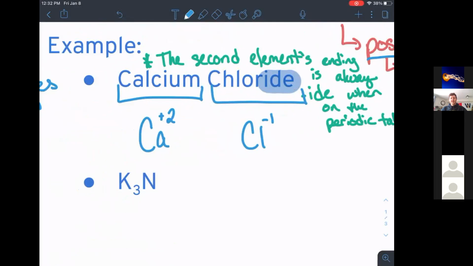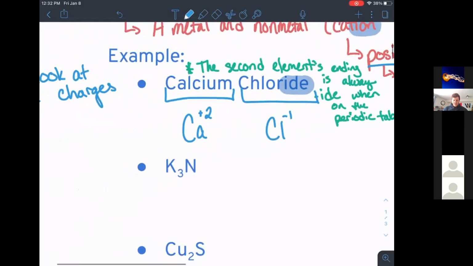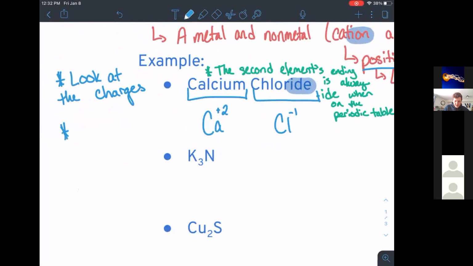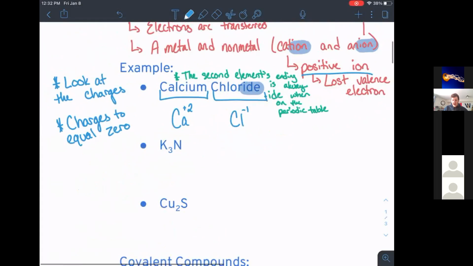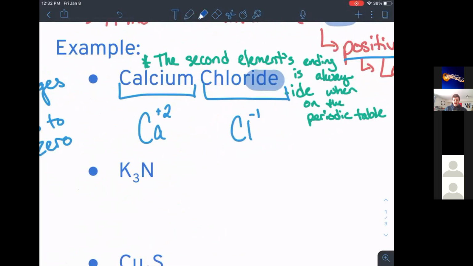So now when we're writing this formula, the last thing we have to worry about is we need the charges to equal 0. So they don't add up to 0. These two right now have to add up to 0. And if they don't, that means we have to bring in more of one or more elements.